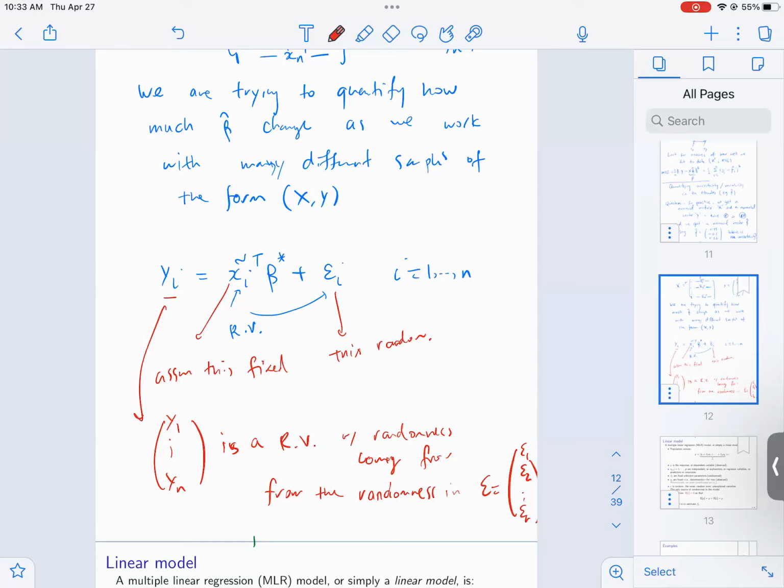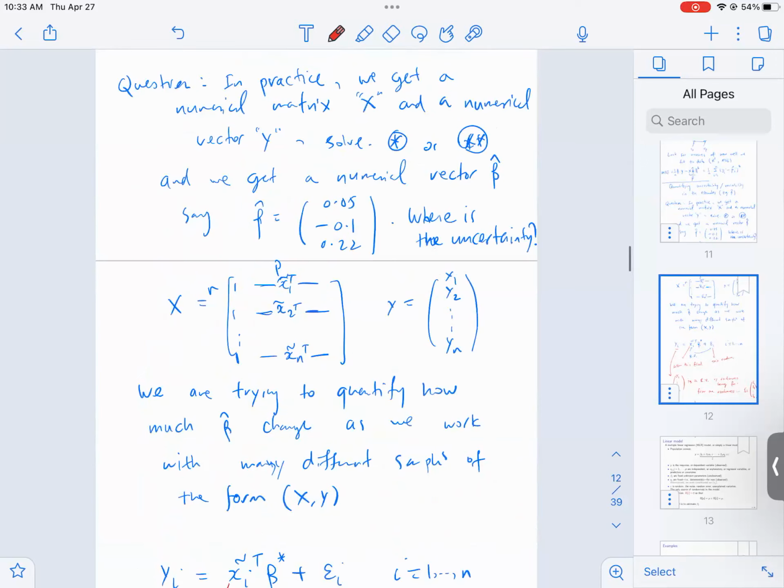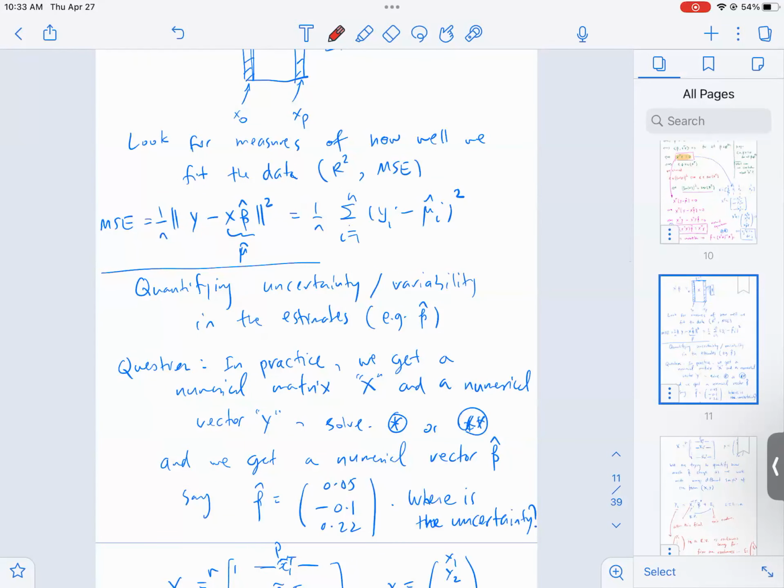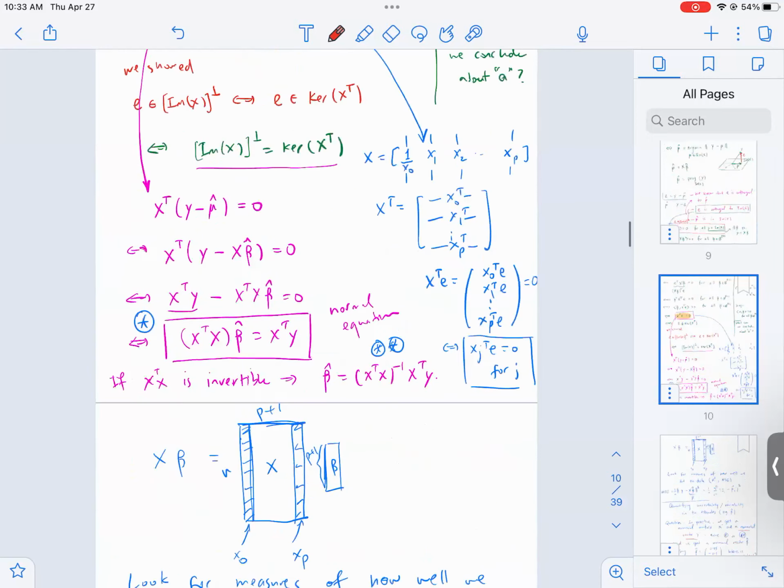So this abstract random variable is not a single number. The numerical y that you observed here is just one realization, one instantiation of that. Beta hat is defined like this.